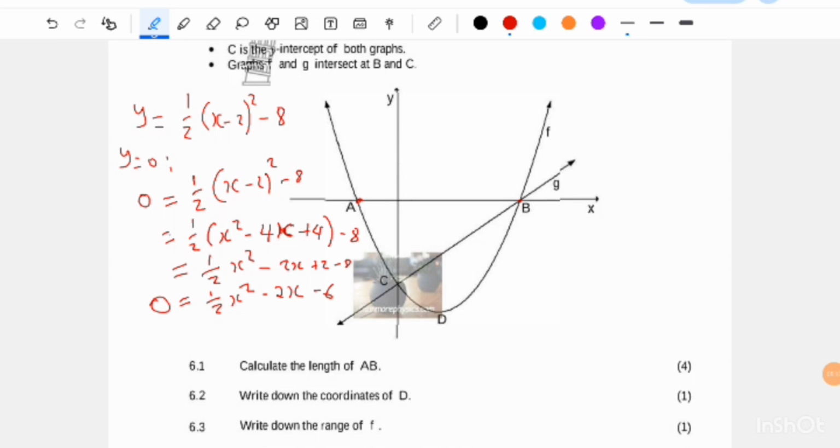On the left side, 2 times 0 is 0. 2 times half is 1, so here you will have x squared. 2 times minus 2x, you will get minus 4x. 2 times minus 6, you'll get minus 12. Now from there, you basically have to factorize this.